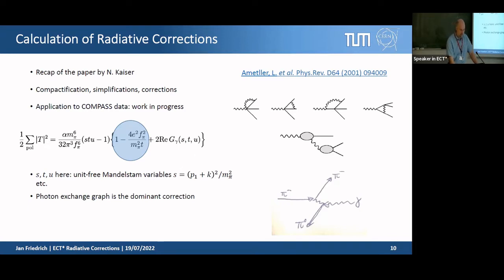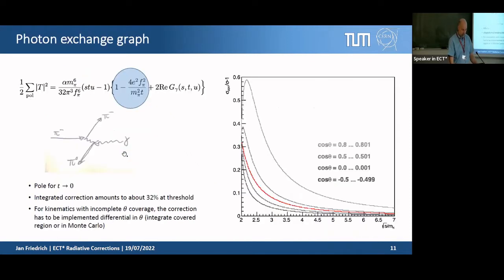So as I said, this part here is the dominant one. And this is how the correction looks if you draw it with respect to the CM energy that you have here.